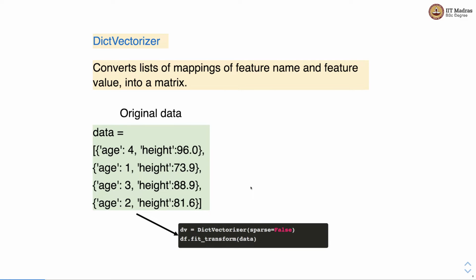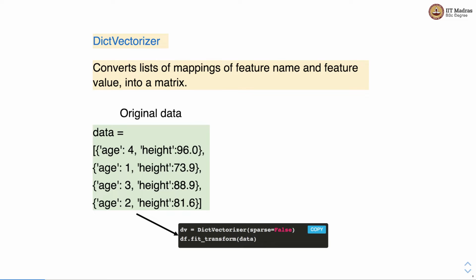When we apply the dict vectorizer, we first have to instantiate the DictVectorizer object, and since it's a transformer, it has a fit_transform method. That's the beauty of sklearn APIs. We studied the design principles of the sklearn API, and these APIs are uniform.